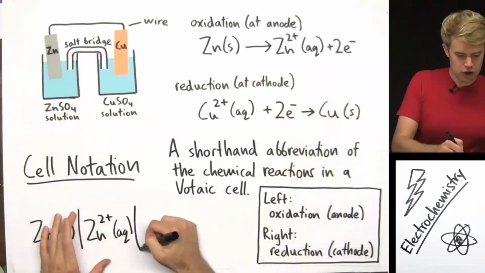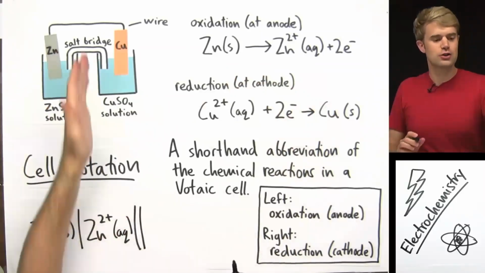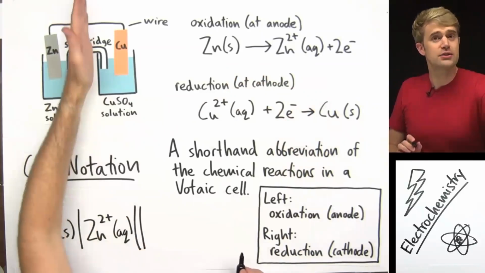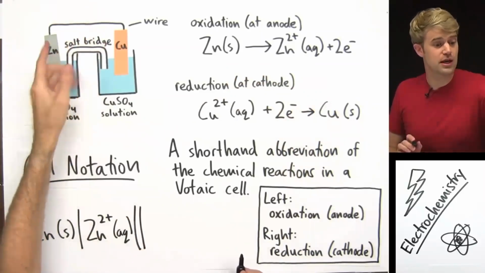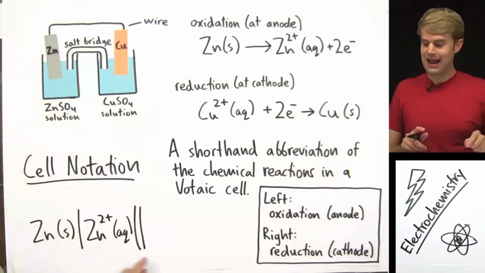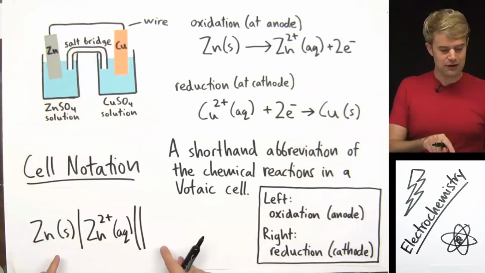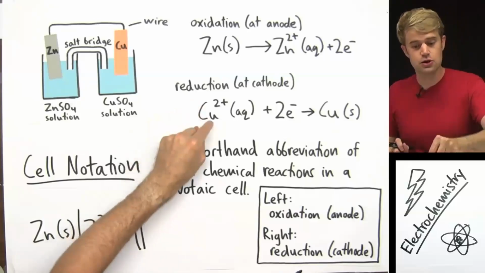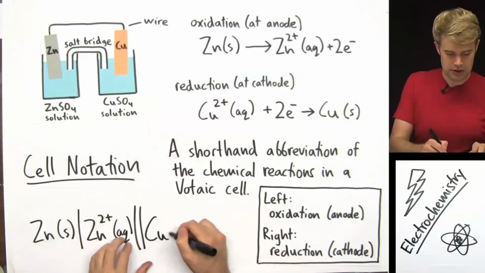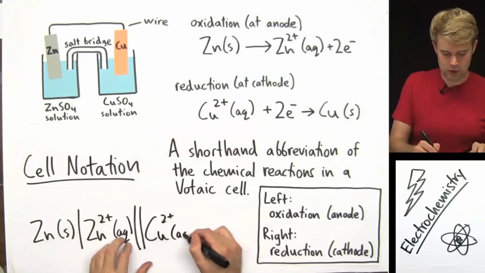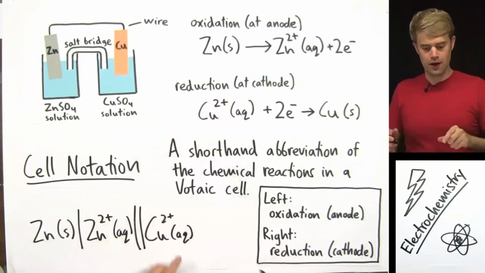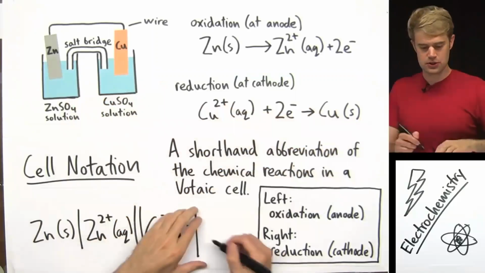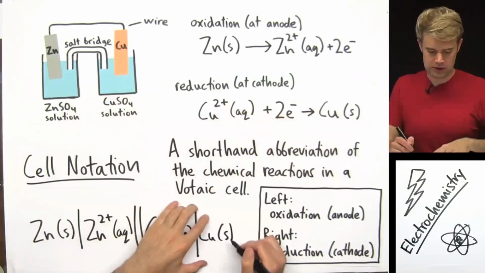Then I put two lines like this, and these two lines represent the physical boundary between these two half cells, or you can think of them representing the salt bridge. Now on the right, I put information about the reduction process. The reduction process begins with Cu2+ aqueous, and then I will put another one of these lines, and the reduction process ends with Cu solid.